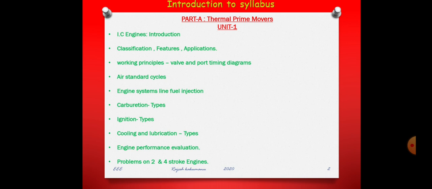So like this we have various types of performance evaluations. Based on those performance evaluations only we can give the specifications for the engine, and we also have some problems related to the performance evaluation.